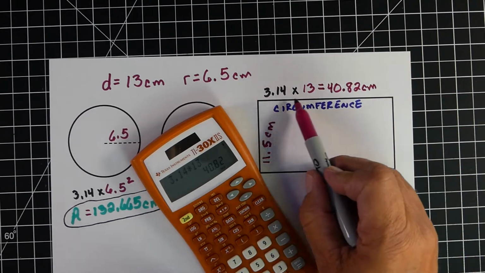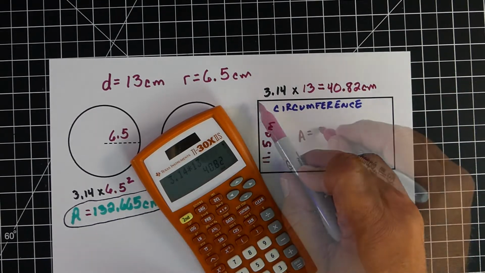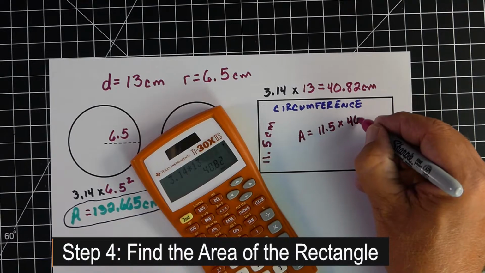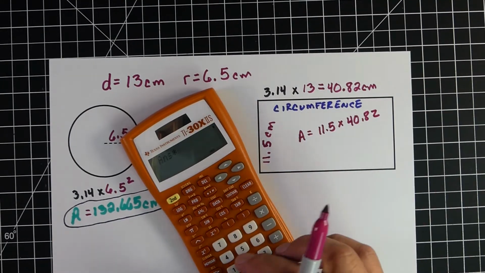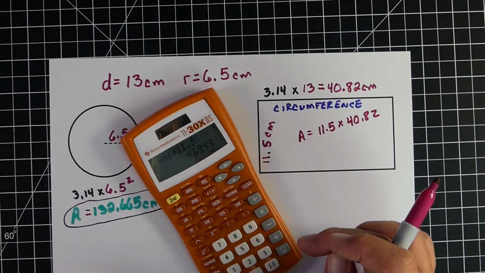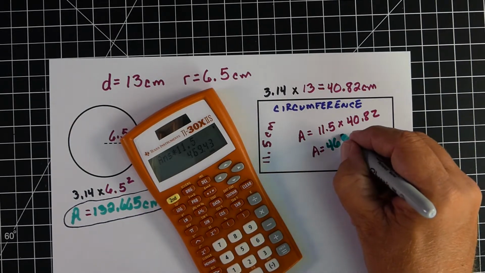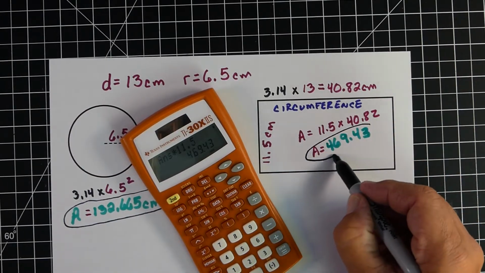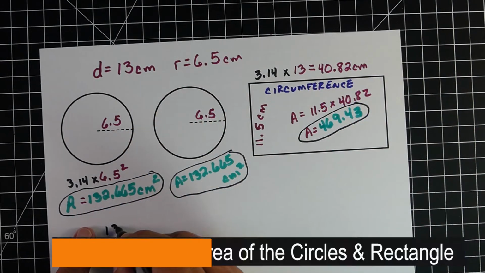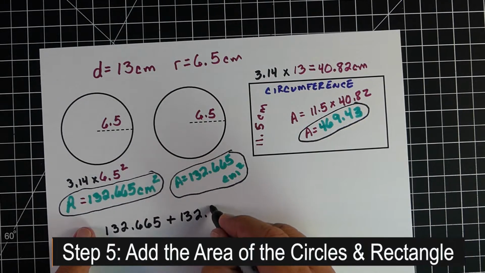So you see we're getting 40.82 centimeters. That's that distance across. Now that's not the area though. We have to take the height, 11.5, times that circumference, and when we do that, we find out the area is 469.43. And because we're using centimeters, that's going to be centimeters squared.